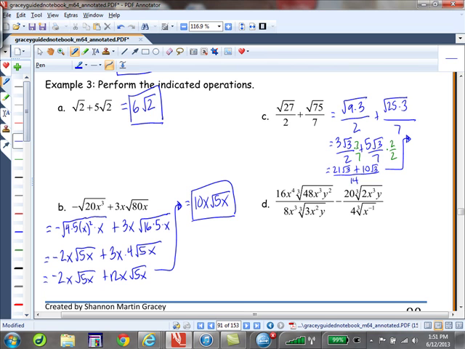So that's making one happy fraction now that I got a common denominator of 14. And then 21 plus 10, now I have like radicals up in the numerator. So 21 plus 10 is 31 times root 3 all over 14, and I'm done.